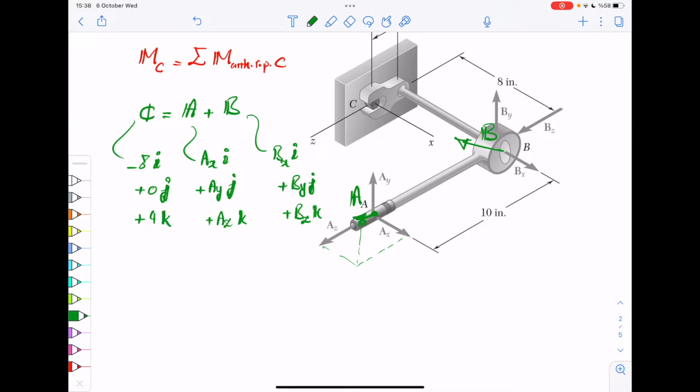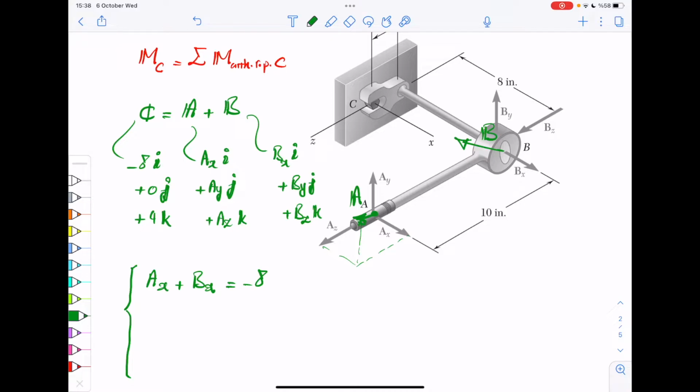As I mentioned, now you get 3 equations, basically. If you want to write them together, the first equation would be Ax plus Bx equals minus 8. That's the first equation.